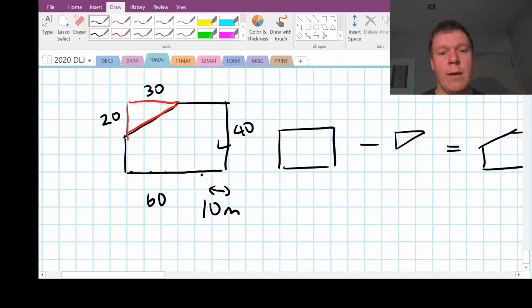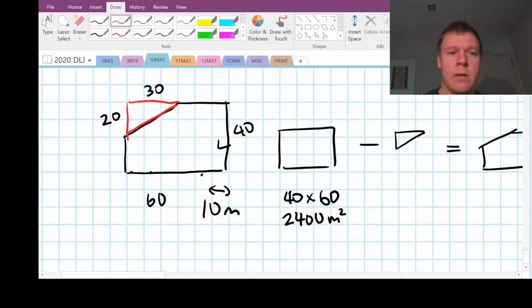Okay. So the area of the rectangle is going to be 40 times 60, which is going to be 2,400 meters squared. And our area of our triangle is going to be, which we're going to subtract, half of 30 times 20.